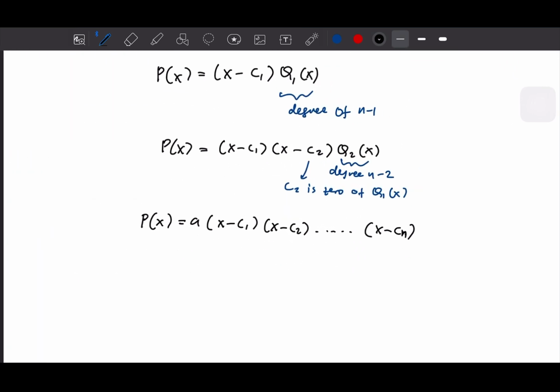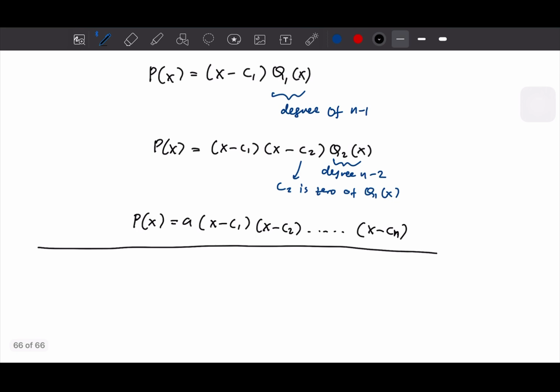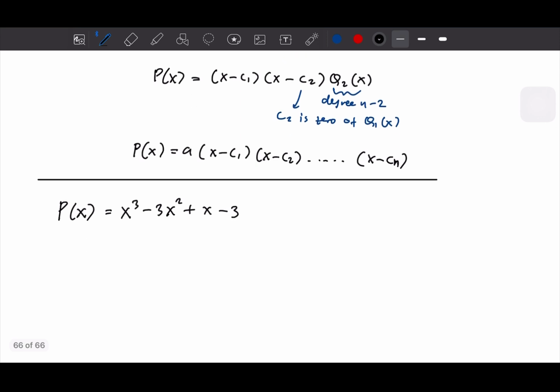Okay, let me give you an example to see practically how this would work. So let P of x be given. Let's say we need to find the zeros and factorize completely.